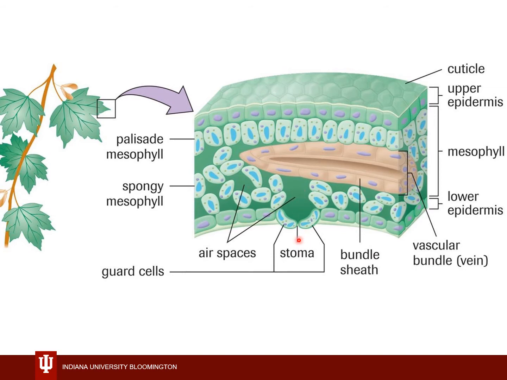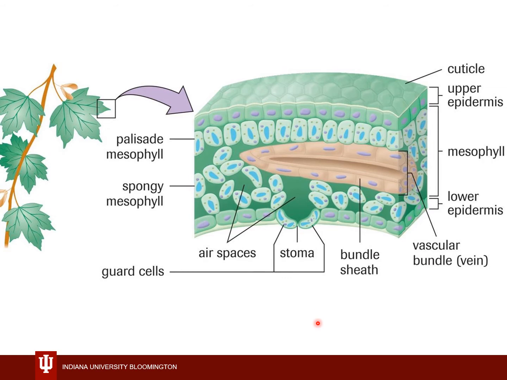The issue here is that they have to open up this stoma to pull the CO2 in, but when they do that, they can actually lose water to the environment. There's usually a higher concentration of water molecules inside the leaf than there is outside in the environment. And that depends a lot on the environmental conditions.